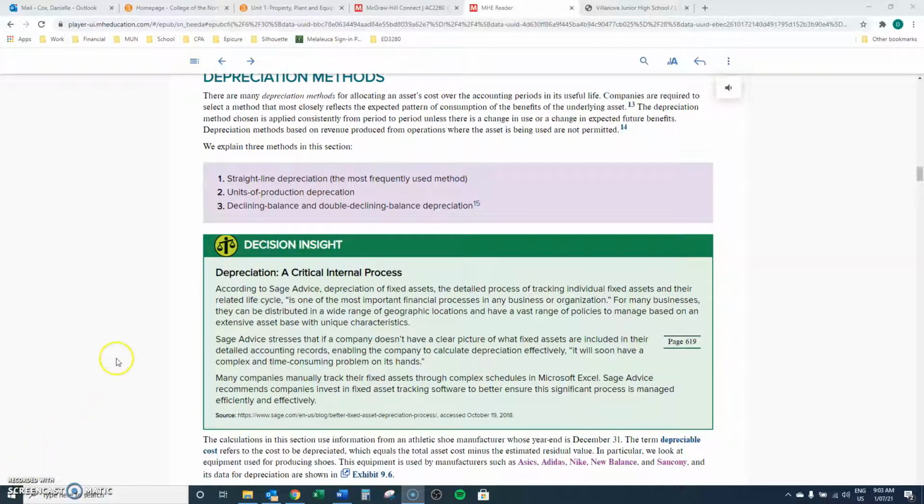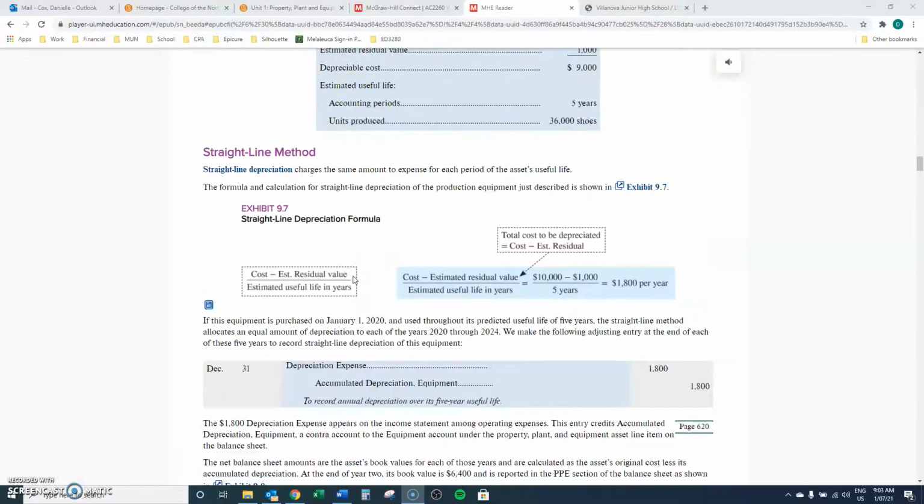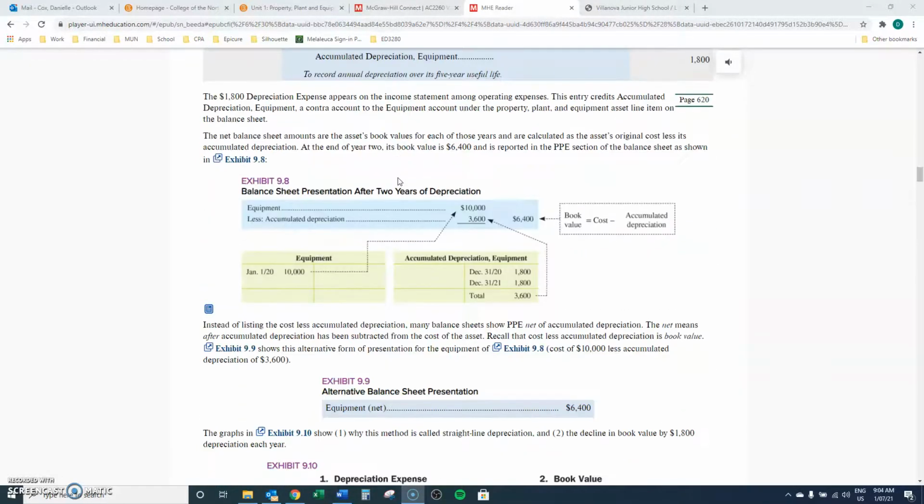We look at three different depreciation methods. So straight line depreciation, that's the one that's most commonly used. Units of production and declining balance, or double declining balance depreciation. So those three are then explained here. Straight line depreciation is the same amount over the useful life.